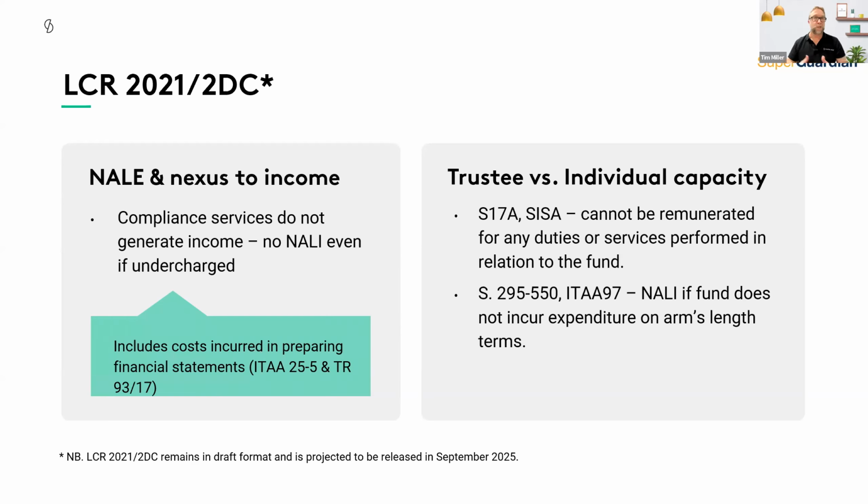And I'm going to go through a couple of examples that we've seen in private binding rulings, but if we look at anything to do with administration, anything to do with the investment side of the superannuation funds and lodgements, they're all things that we can undertake as trustees of a self-managed super fund without necessarily having any professional qualifications to do it, right?